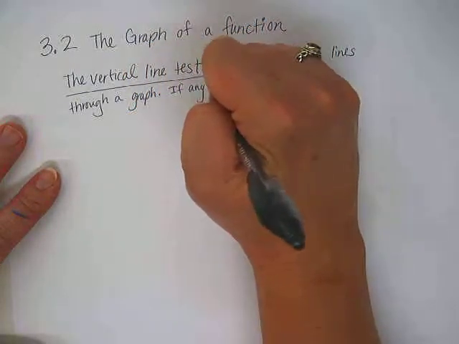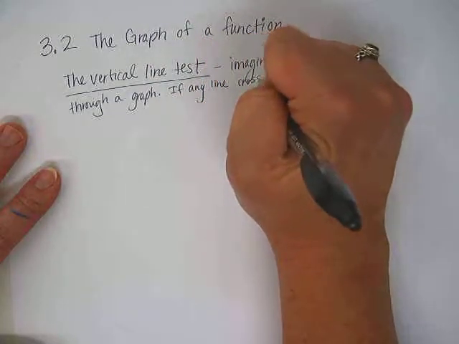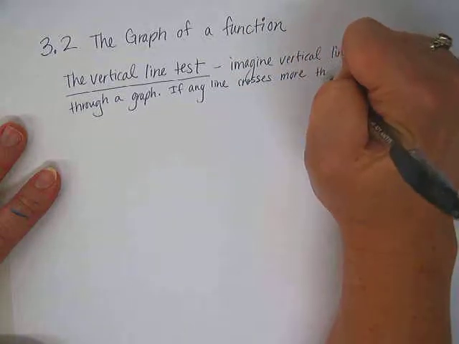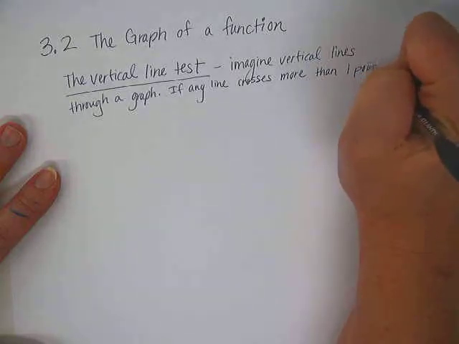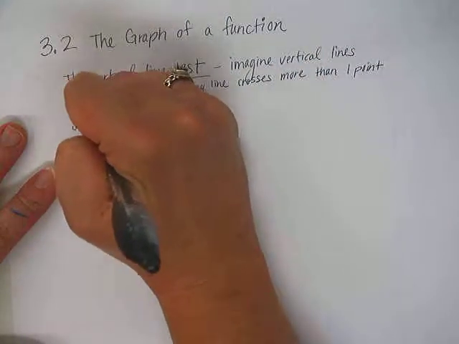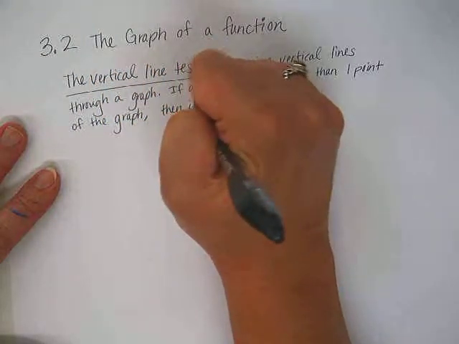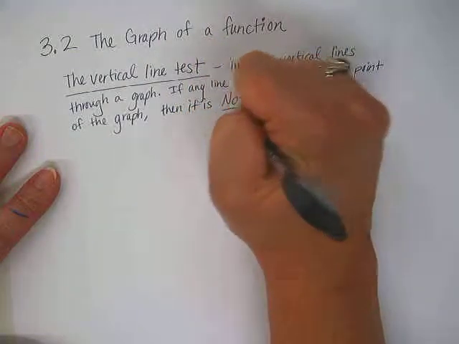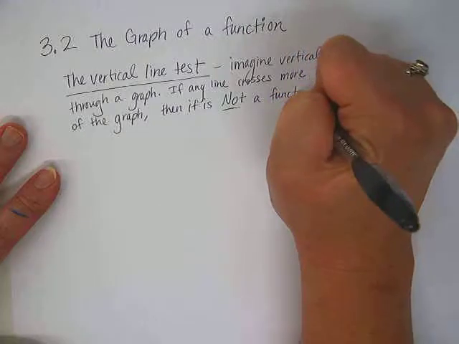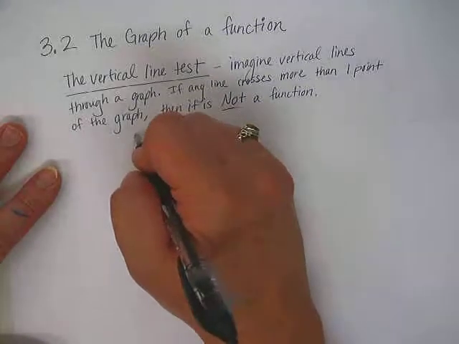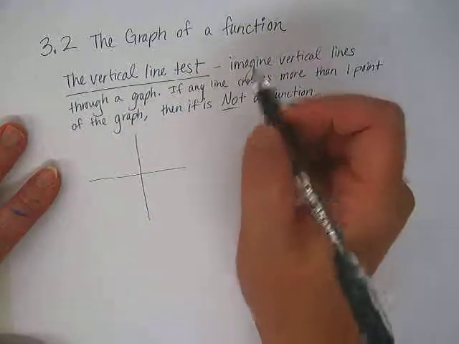If any line crosses more than one point of the graph, then it is not a function.